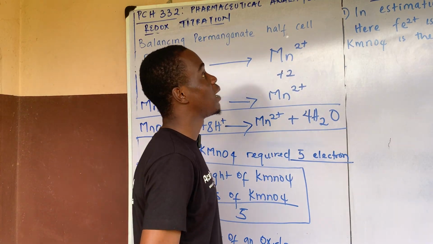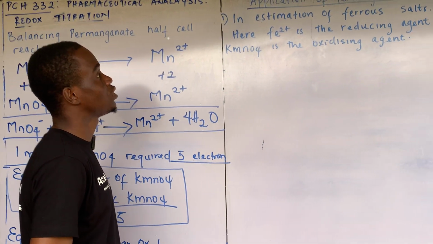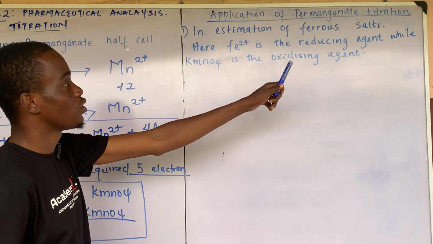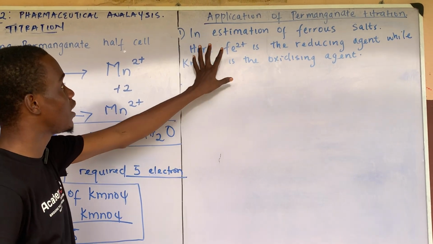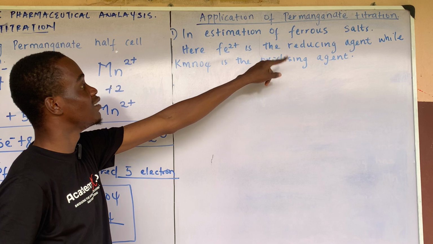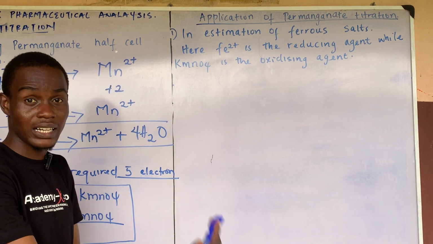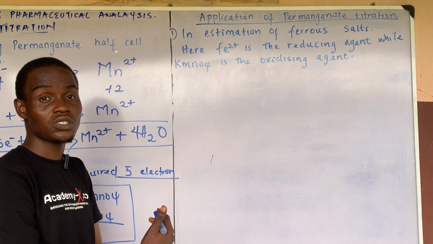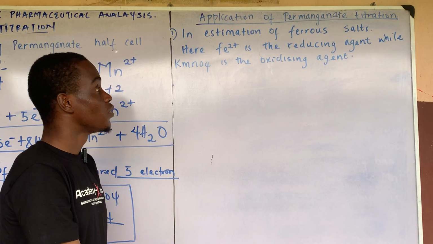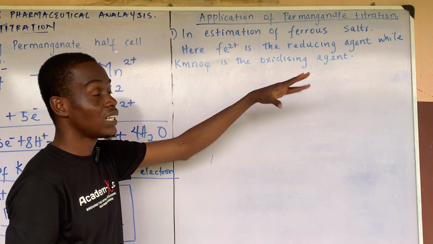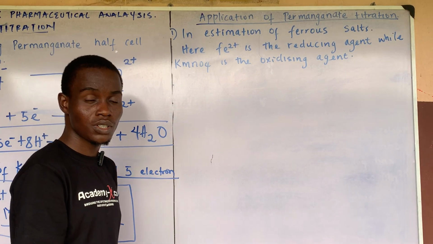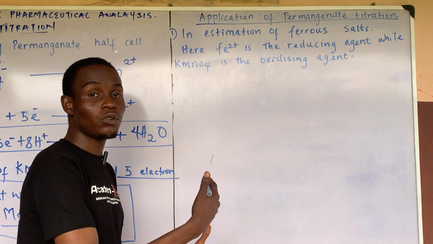Now we'll talk about the application of permanganate titration in the estimation of ferrous salt. Here, Fe2+ is the reducing agent because it is oxidized to Fe3+, while KMnO4 is the oxidizing agent because it is reduced from +7 to Mn2+.